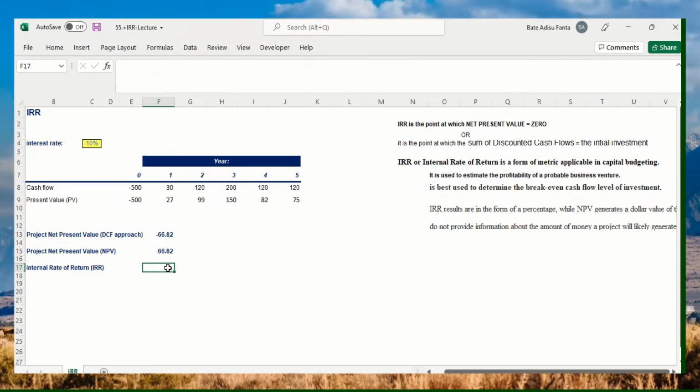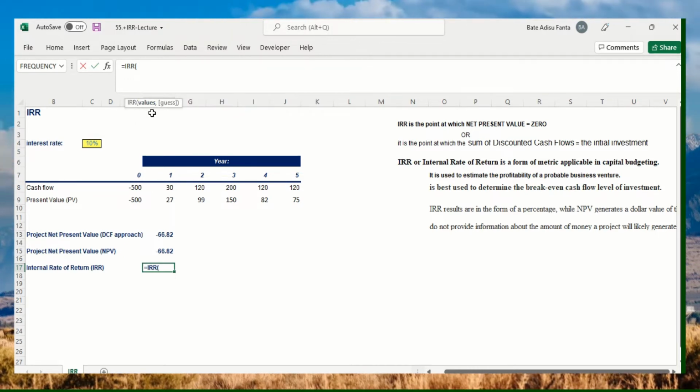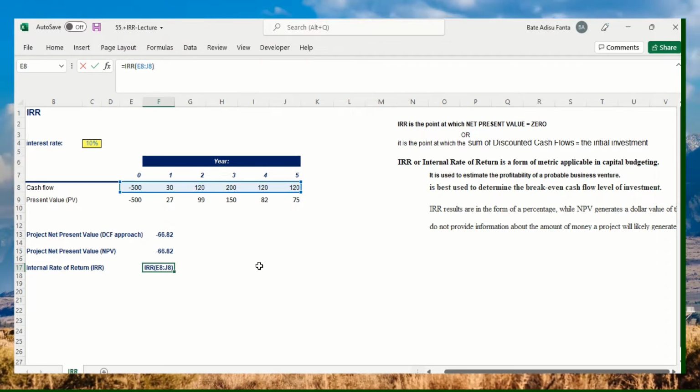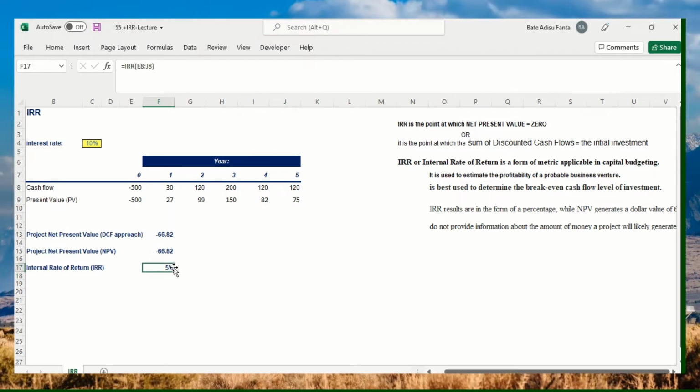We simply look for that formula, equal sign, IRR, and then values. We put all the values in the bracket, then we close the bracket, enter. So this is the internal rate of return.